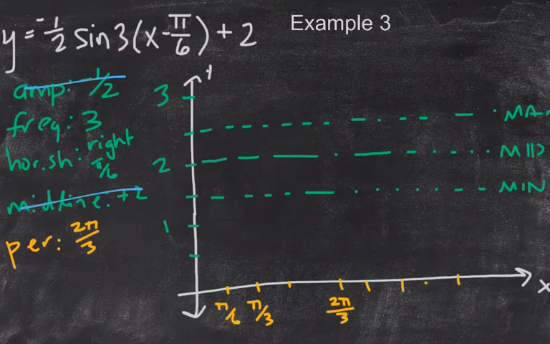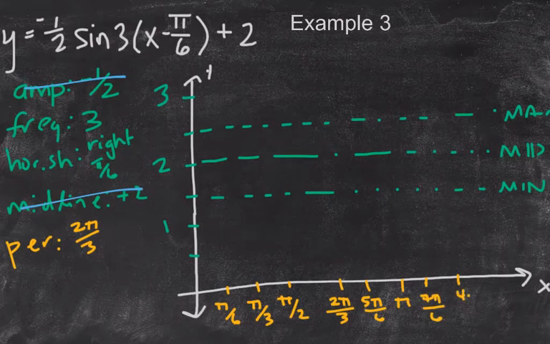So my tick marks are going up by pi over 6. 1/6, 2/6 is a third, 3/6 is the same as a half, so that's pi over 2. 4/6 is the same as 2/3. 5 pi over 6 is next. 6 pi over 6, which is a whole. 7 pi over 6 is after that. And then 8 pi over 6, which is the same as 4 pi over 3. Alright, so I've got my x-axis scaled.